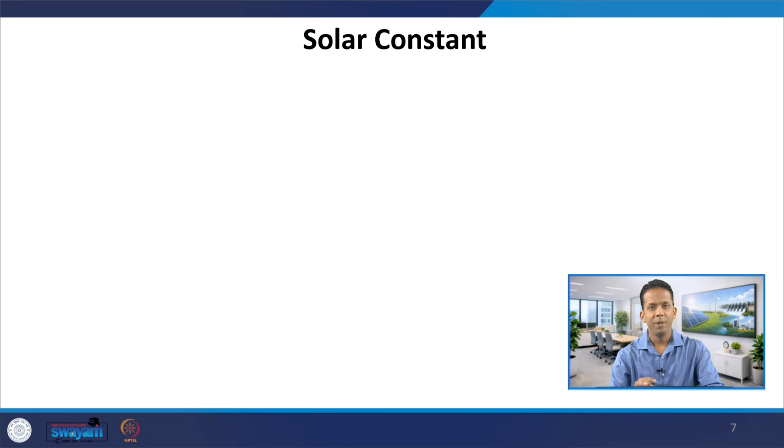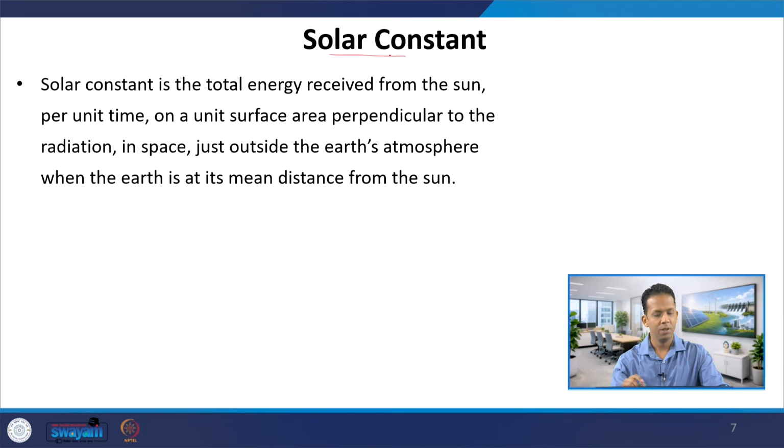Now, with that background of sun and solar energy and composition of radiation, let us look at the first concept, that is solar constant. If Earth is at some distance from the Sun, the maximum energy received from Sun to Earth is going to be right at this point before the atmosphere of the Earth starts, just outside the atmosphere, and it is this value which is called the solar constant.